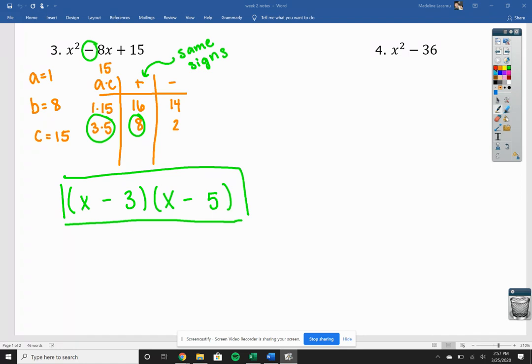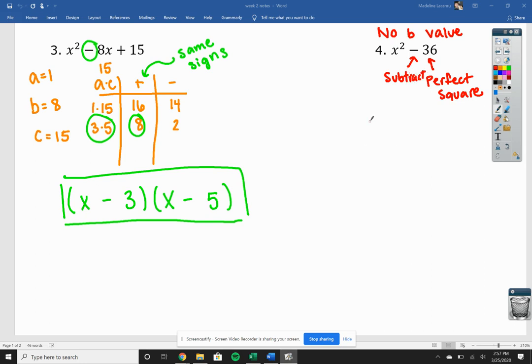Number 4, we have x squared minus 36. And if you notice, there's no b value. So this is going to tell us that it's our special case, because there's no b value. This is a perfect square, and there's a subtraction sign.